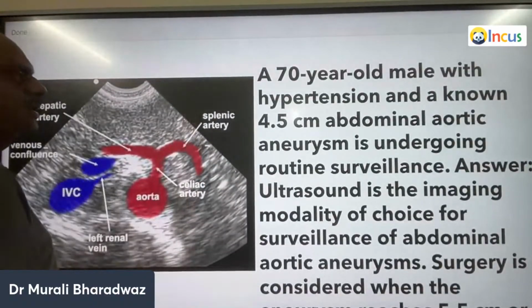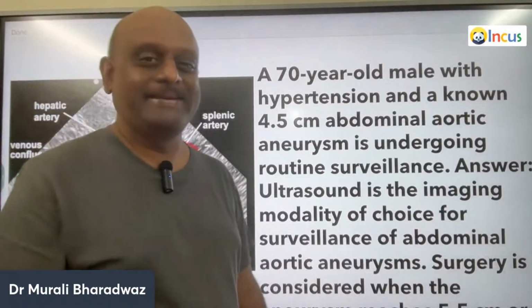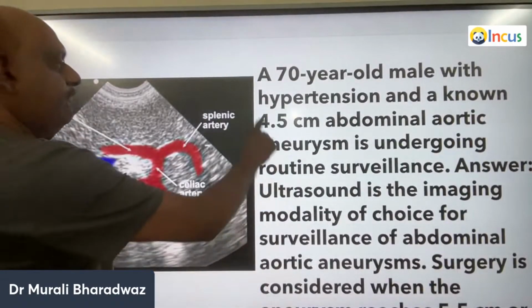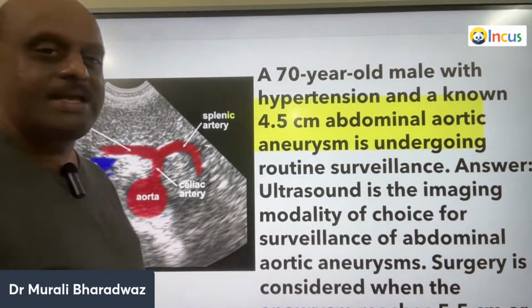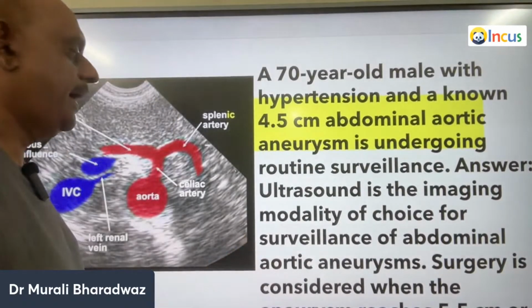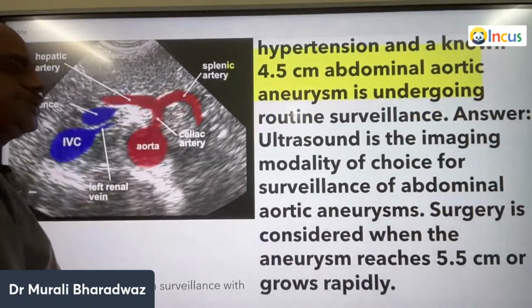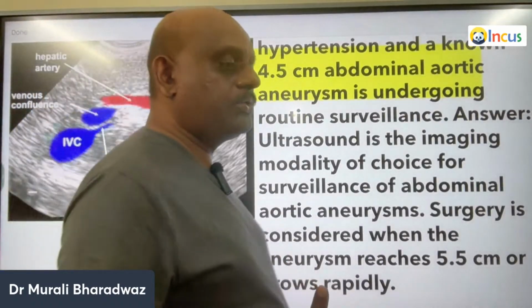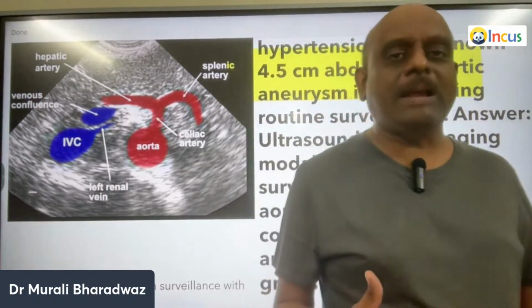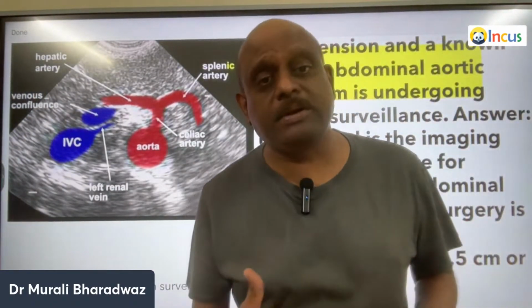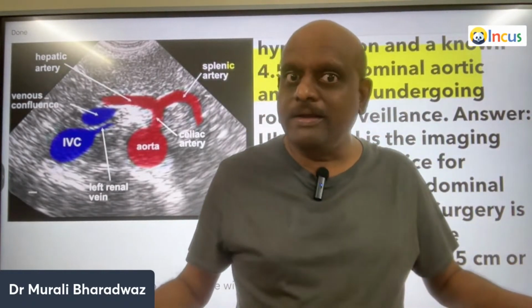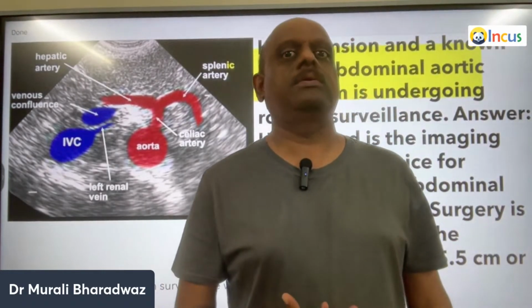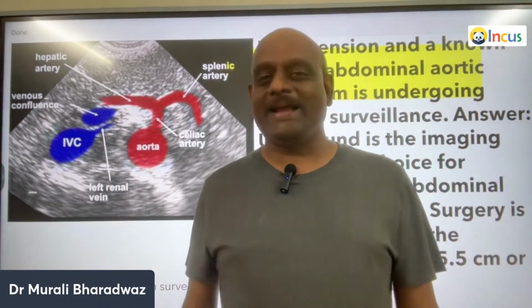So a 70-year-old male with hypertension with a 4.5 centimeter abdominal aortic aneurysm is undergoing surveillance. Ultrasound imaging is the modality of choice to diagnose abdominal aortic aneurysm. A lot of times abdominal aortic aneurysms are asymptomatic. For some other reason, you will do an ultrasound abdomen and surprisingly you will detect, oh, there is an abdominal aortic aneurysm.